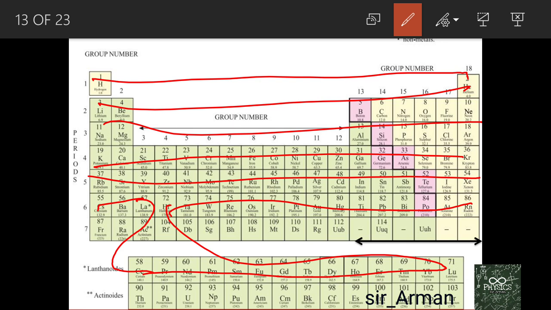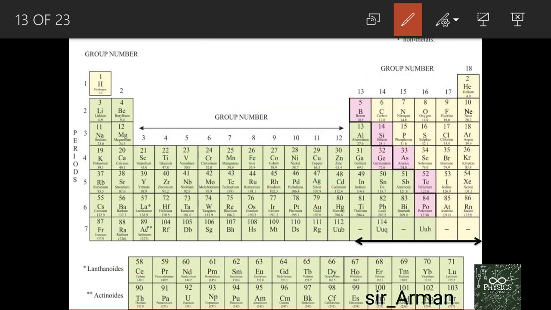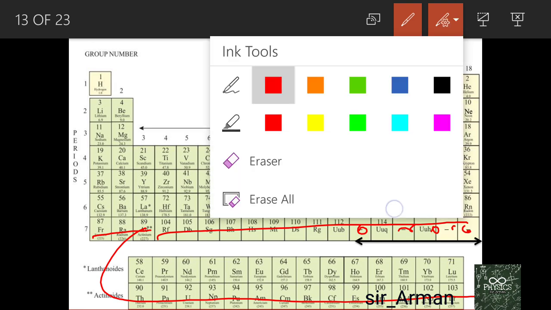And period number 7 also consists of 32 elements. It starts from 87, then 89, then 90 to 103, then up to 118. These 4 elements were found recently, in 2016, and now the period is complete. So periods number 6 and 7 have 32 elements each.